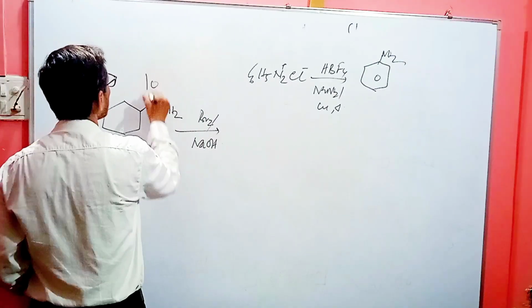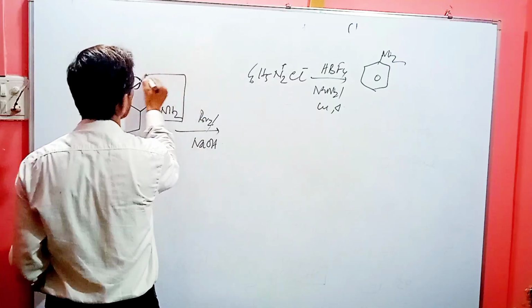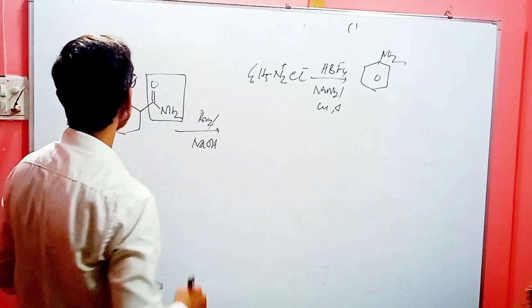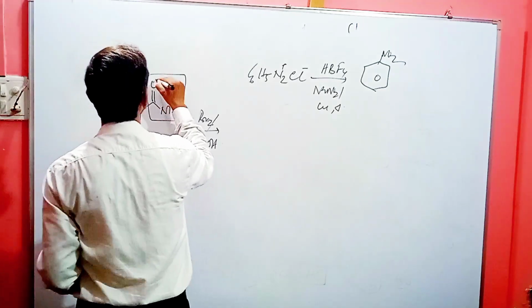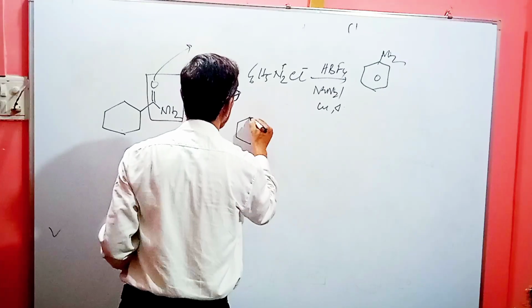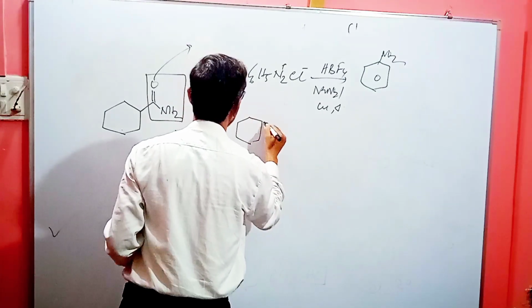You see, this is an amide group with bromine and sodium hydroxide, the Hofmann bromamide reaction, so that part will leave out and the other part will remain the same.